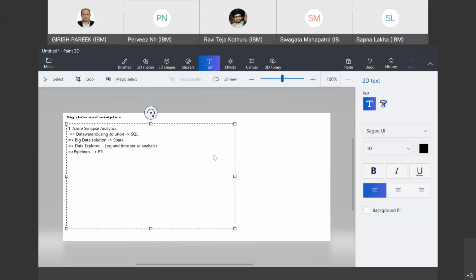Now, Azure Synapse SQL is a distributed query language for T-SQL that enables you to handle data warehousing and data virtualization scenarios. It extends T-SQL to address streaming and machine learning scenarios.